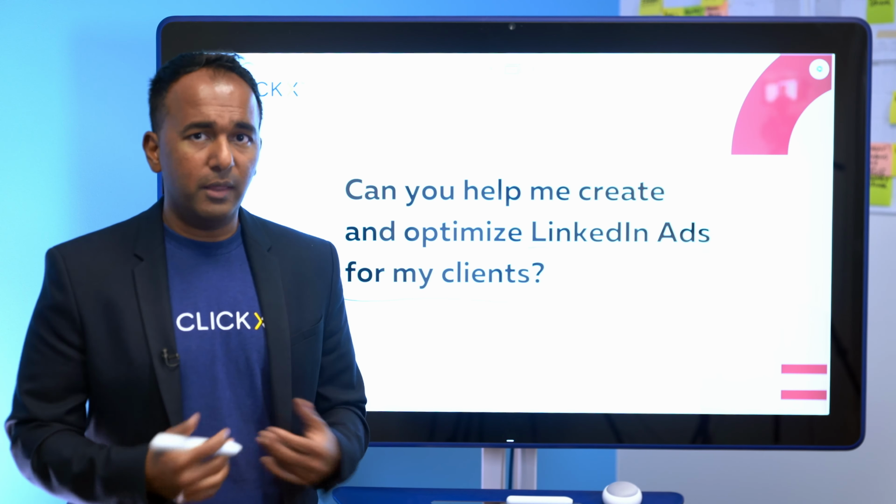So LinkedIn makes that readily available. It is a high CPC because, again, you have really focused high attention right inside the platform. So they want to capitalize on that. However, it is possible to get really good quality clicks, really good quality conversions from the right people.